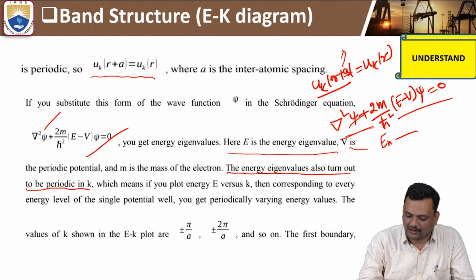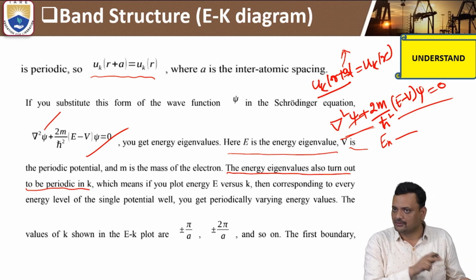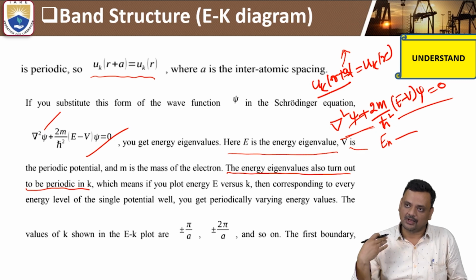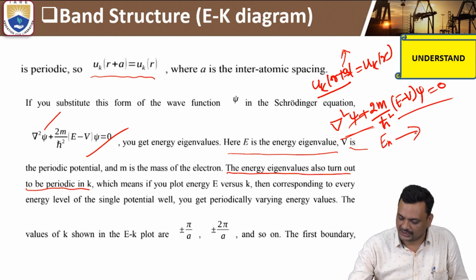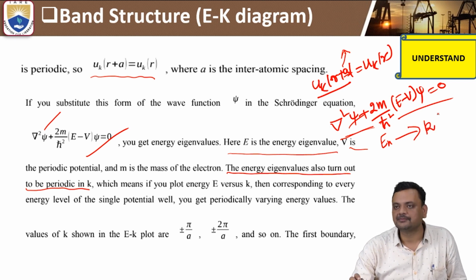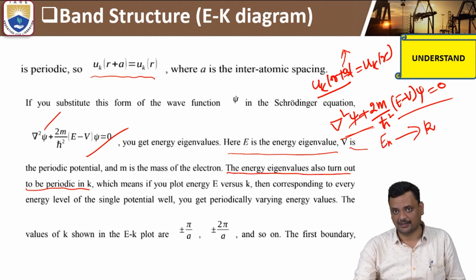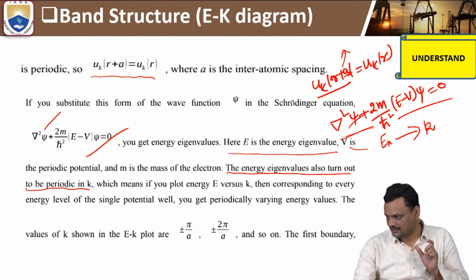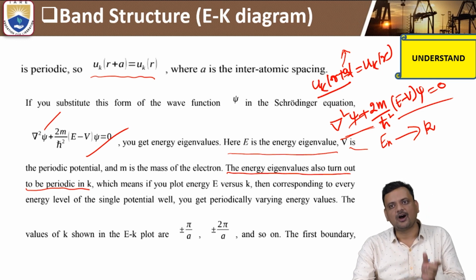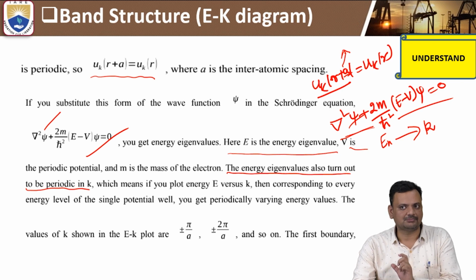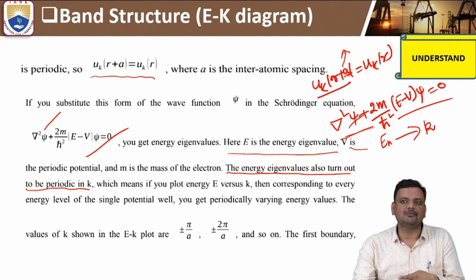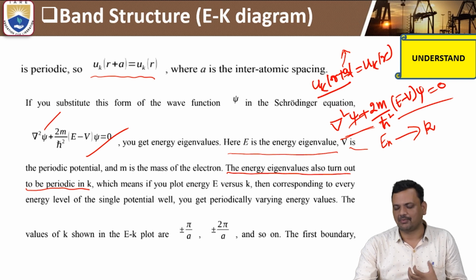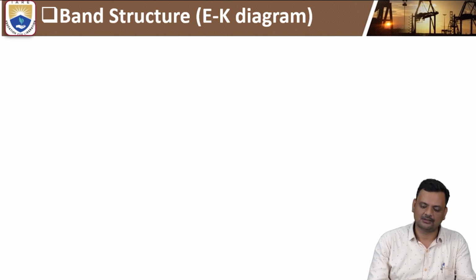Here the periodicity is defined by a, but when you solve this Schrodinger equation, you will get the energy value, and that energy value has periodicity in the form of k, the wave vector k. If you plot energy E versus k, then corresponding to every energy level of a single potential well, you will get the periodically varying energy value. So the value of k is shown in the E-k plot. Whatever the plot, so what is the plot?